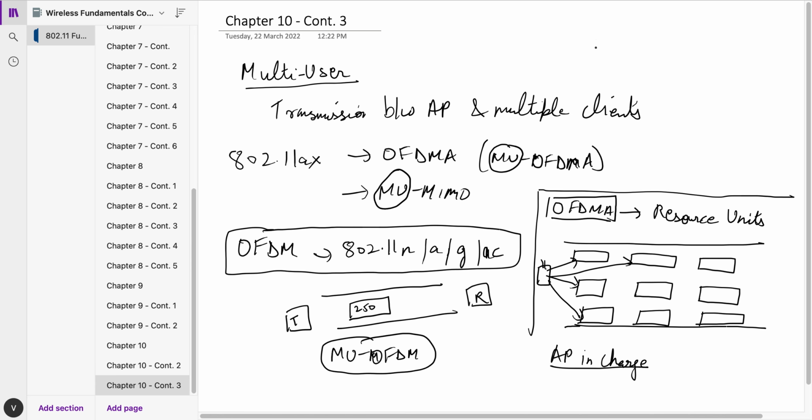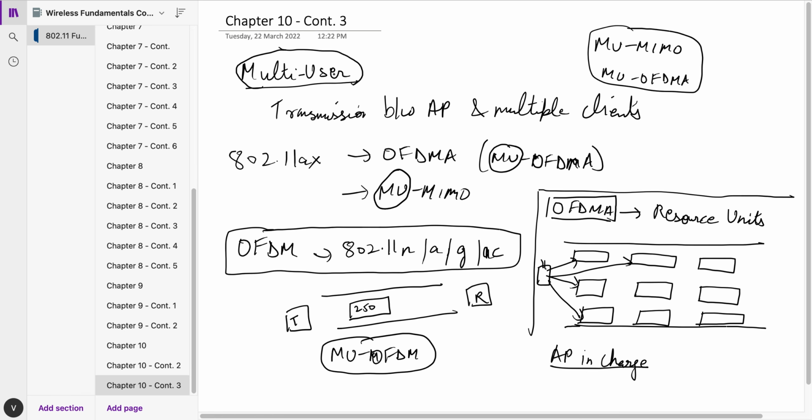So multi-user MIMO, we know when the AP talks to multiple clients using its antenna, and multi-user OFDMA is also a part of .11 AX. That is why multi-user can be used in both terminologies. This is something which we need to remember and understand.